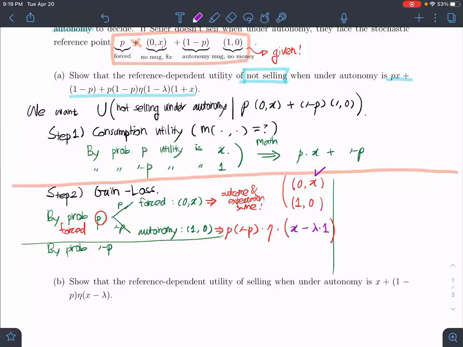Okay, so I'm sorry. So lambda times 1 is the amount of mark that I feel as a loss. So this part is a loss. This part is gain. Okay. Any questions?